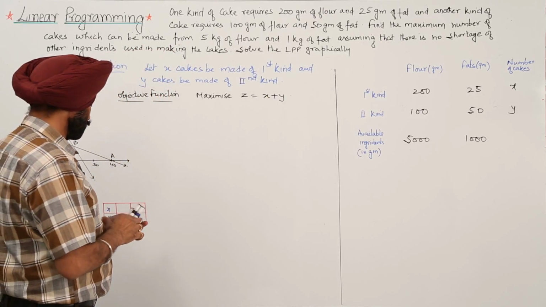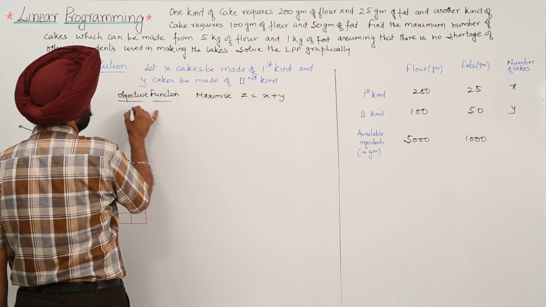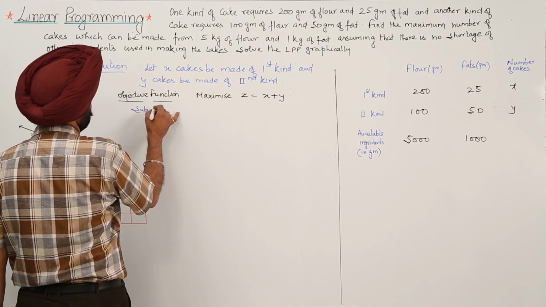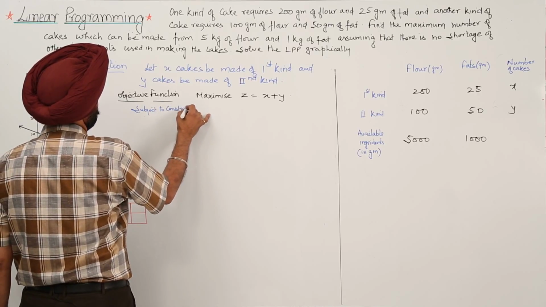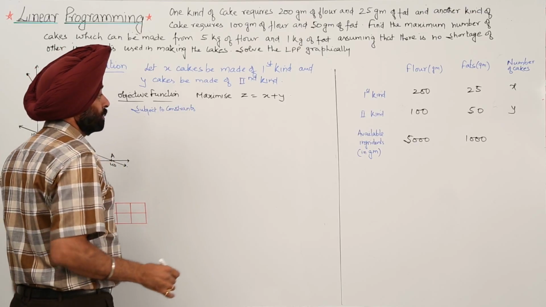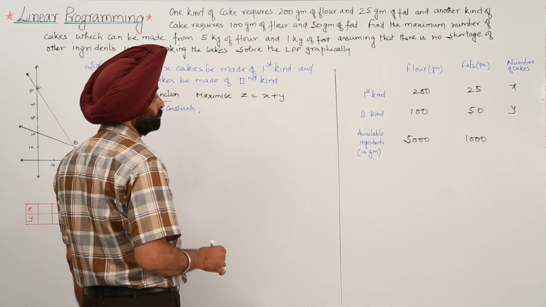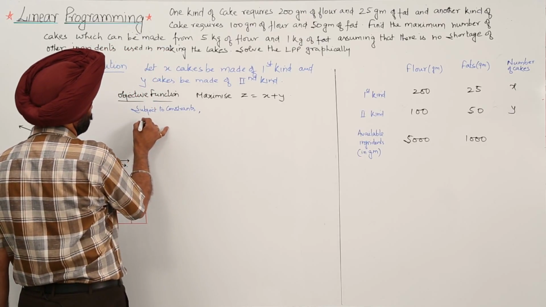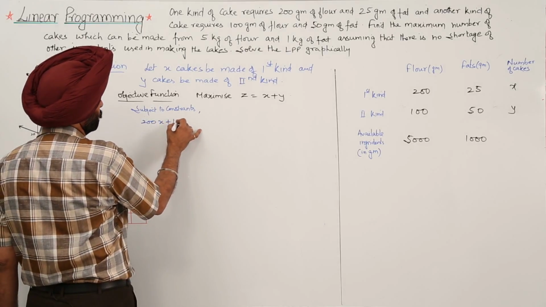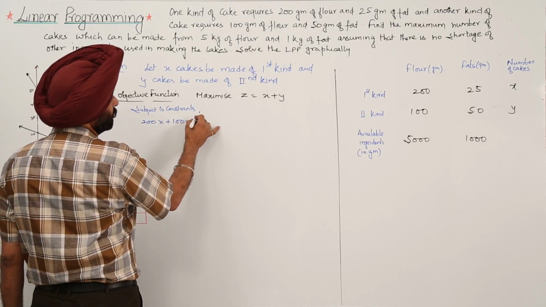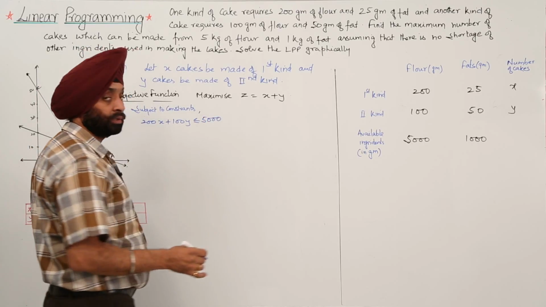Now subject to constraints: 200X plus 100Y is less than or equal to 5000 grams.